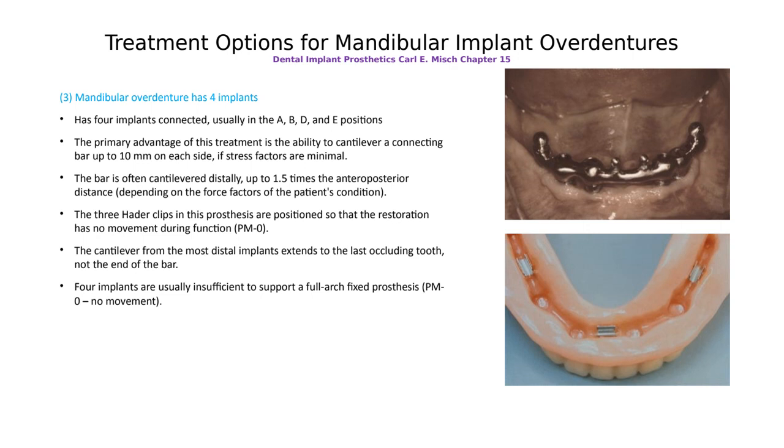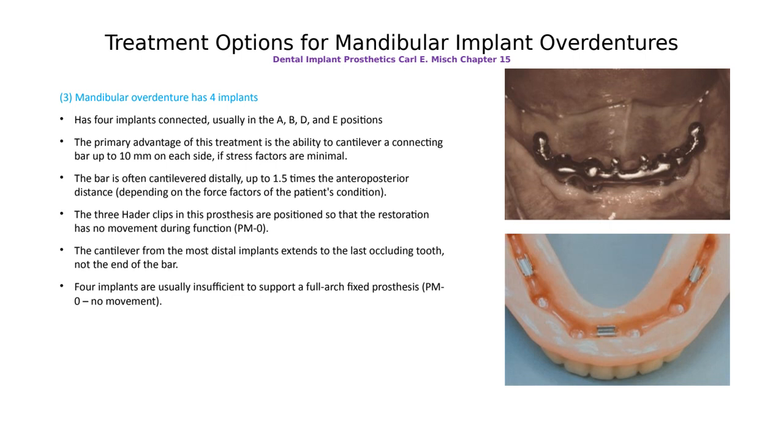The primary advantage of this treatment is the ability to cantilever a connecting bar up to 10 millimeters on each side if stress factors are minimal. So in other words, if we have a larger area of cantilever, 4 implants placed this way will give us more stability for the cantilever portion of the denture.